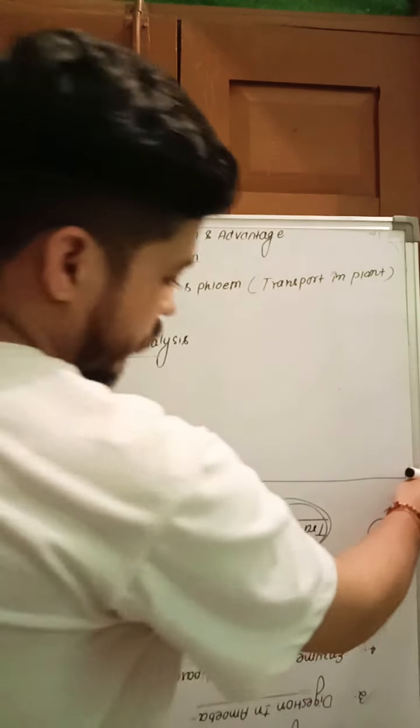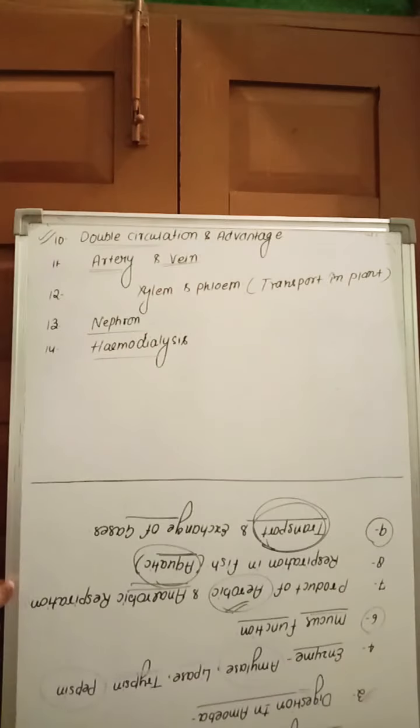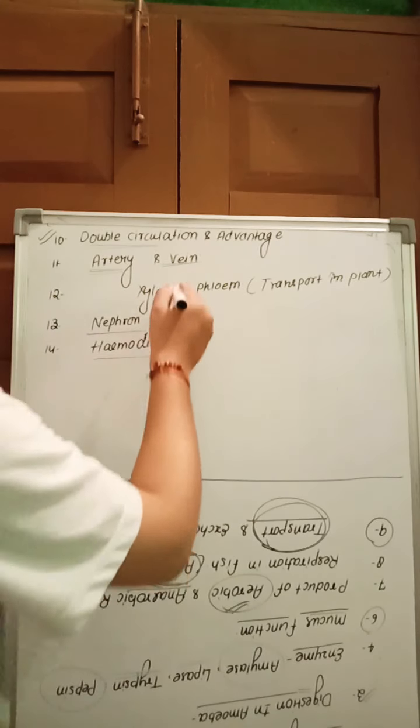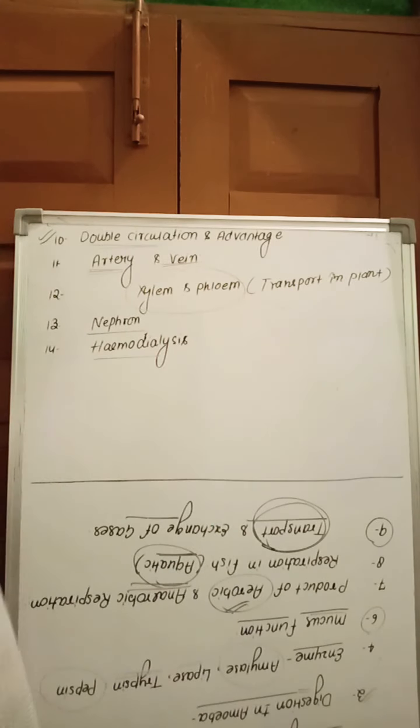Next, xylem and phloem. Transport. How does a plant transport? A plant has complex tissue called conductive tissue, xylem and phloem.